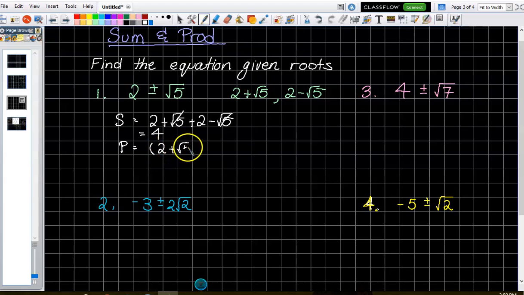2 plus root 5 times 2 take root 5 is my product. If we're on the ball, we're going 2 times 2 is 4. We're not bothering with 2 times negative root 5 because then I've got a plus 2 root 5 here. So then we're going positive times a minus is a minus, and you're going, is it always going to be minus?